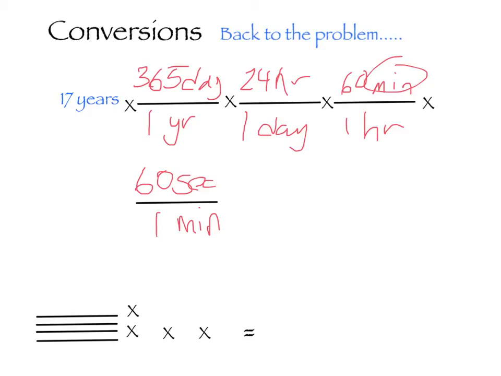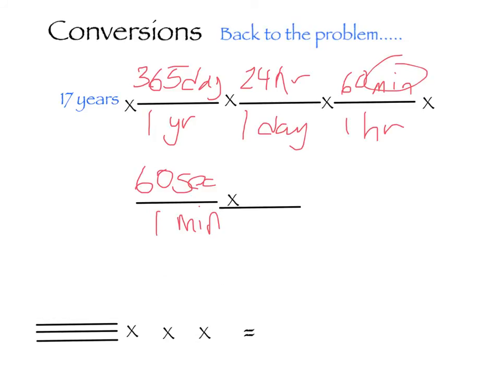Alright, so we now have seconds, and back in the problem I told you that you had 1 penny for every second that you've lived. So seconds is on the top of this fraction, so it has to go on the bottom of the next one, and then we'll put penny on the top because this was what they gave me in the problem, that every 1 second was 1 penny.